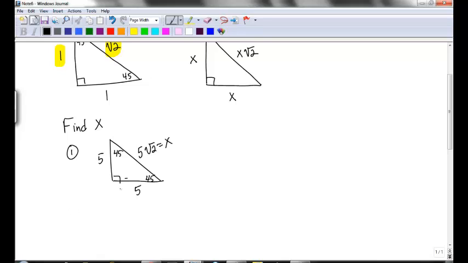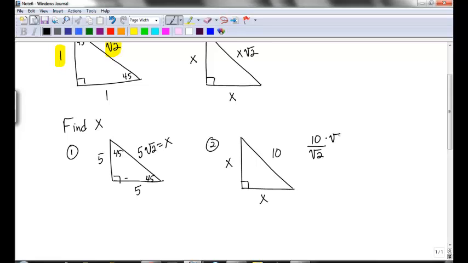If they turn it around, and let's say I gave you this is x, and this is 10. How do you get from the hypotenuse to one of the sides? You divide by radical 2. So you take 10 divided by radical 2. You cannot leave a radical in the denominator.